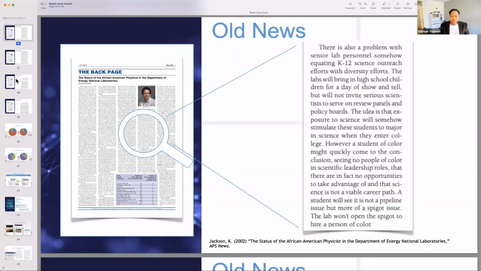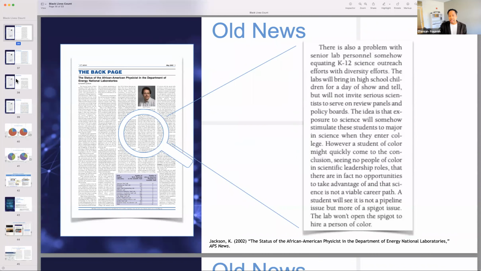And he was pointing out that there's a tendency when we talk about diversity to jump to talking about the pipeline, and then to jump from there to talking about K through 12. He was making the point that I am now really passionate about. I really try to shift the conversation away from K through 12. And I really try to get people to think about the pipeline quantitatively, not just qualitatively.